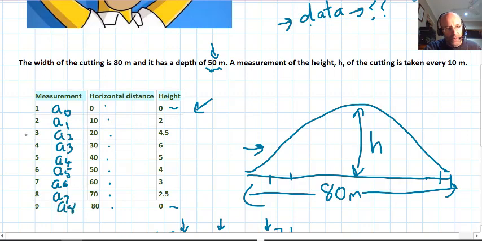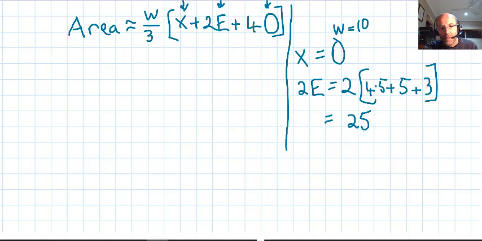Now we can see which ones are the evens. A2 is even, A4 is even, A6 is even, and A8 is already taken up as an extreme, as an endpoint. We have 4.5, 5, and 3. And that comes to 25.